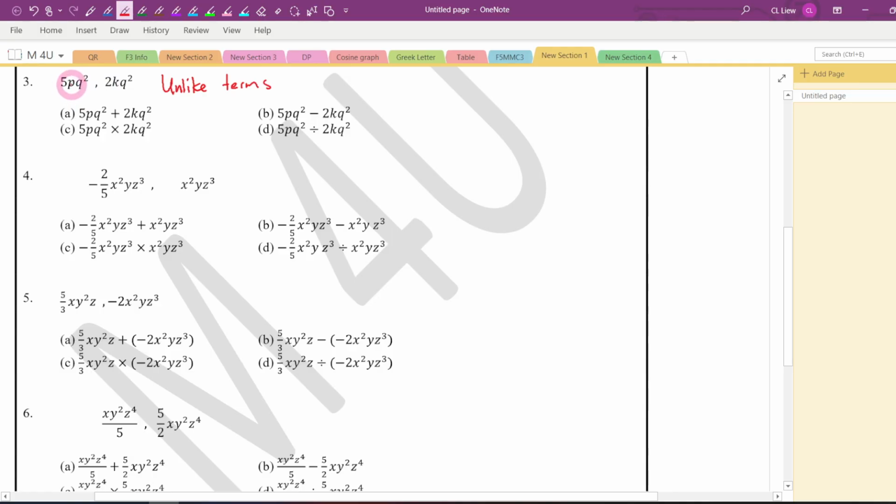The variables for this term are k and q. So different, right? Different variables. Therefore, these two are unlike terms. For unlike terms, we cannot perform addition or subtraction. So we can only do multiplication and division.